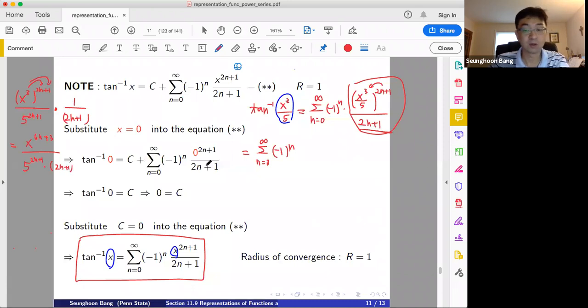We have it. So that's it. This is the whole idea for solving this kind of problems. Does it make sense?